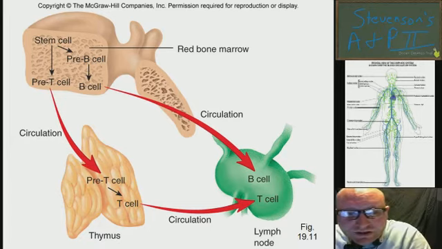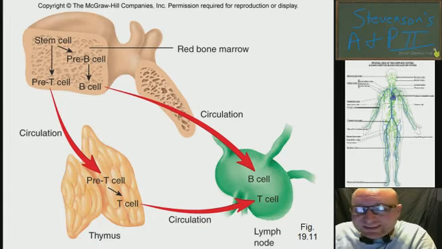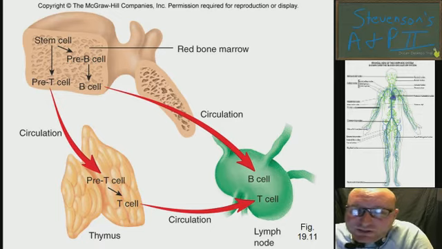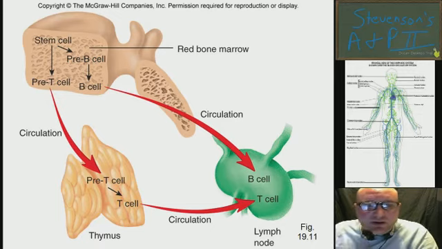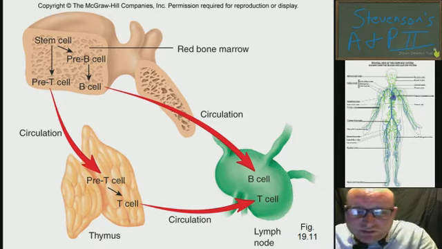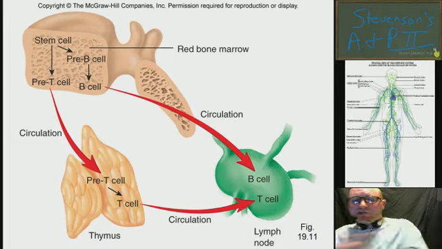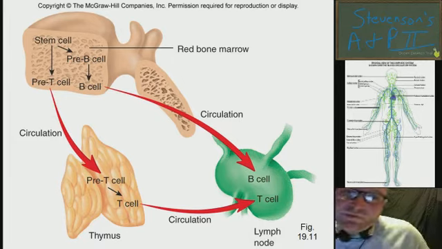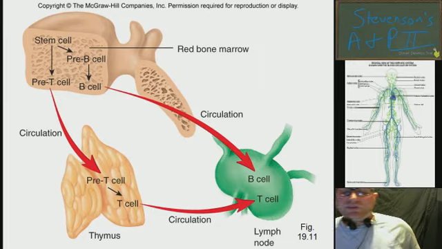See how they move to different areas like the lymph nodes or the thymus gland. In the thymus gland, you have your T cells maturing. The B cells mature in the bone marrow itself, so they just move directly to the lymph vessels or the lymph nodes. And from those lymph nodes, they can move to different areas where they are needed through the circulation of lymph tissue.